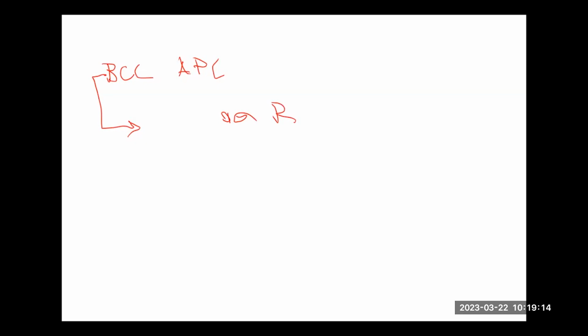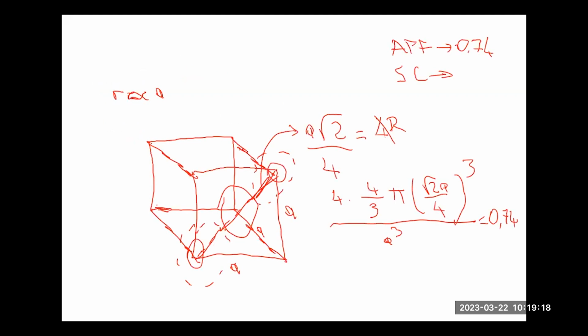First, you need to find one diagonal, which is this one right here. Then, using this lattice constant and this diagonal, you can find it.